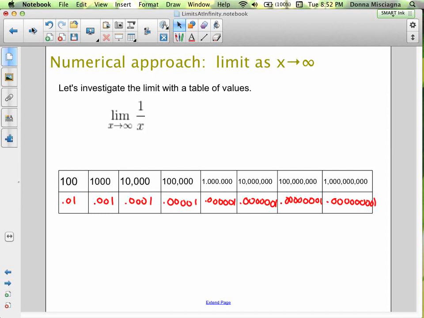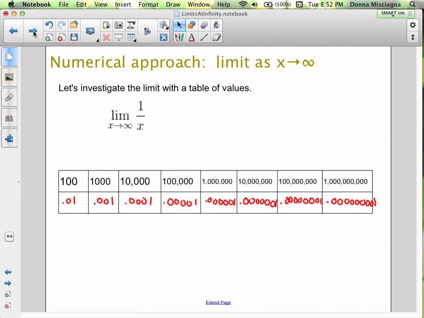Here we have another one. So we're going to look at the limit with this table of values. And in some ways, this limit and this limit are the same. Some ways are different. We have the limit of 1 over x as x approaches infinity. This is really easy for me to do in my head because I'm literally just dividing by 10 each time.